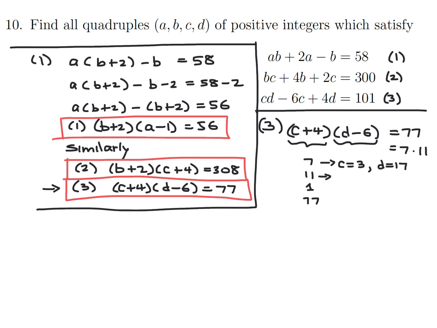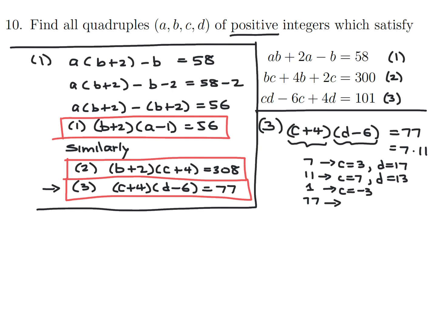In a very similar way, if c plus 4 is 11, that means c is 7, and d minus 6 would be 7, and therefore d would be 13. If it's 1, c ends up being minus 3, and that's no good because they have to be positive, so we can't use that one.